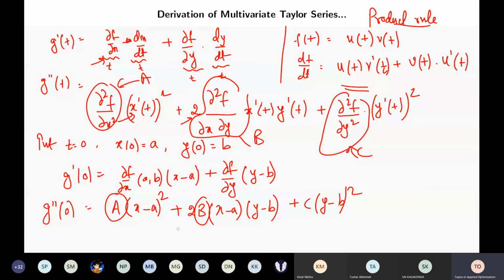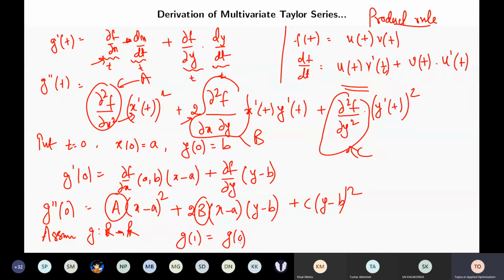Remember that g is single valued. So what we are deriving here is a Taylor series for the multi-valued case, assuming that for single valued, for G from R to R, that's why it's defined. So for G from R to R, I can expand G at 1.